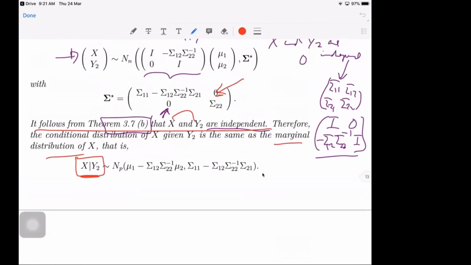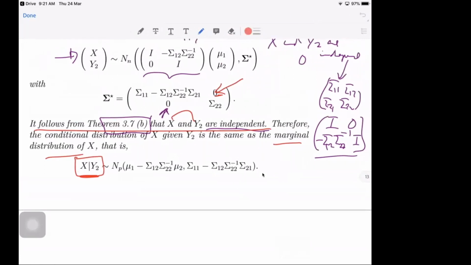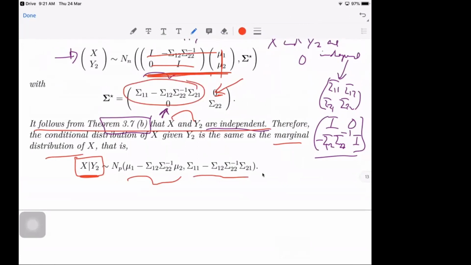given Y2 will be, unsa man ang imuhang X, so this will be equal to this one, kana siya. So kung imo nang i-multiply pa ana, what you will get is this one. And then this will be your sigma 1 1, or equivalently that is expressed in terms sigma 1 1 minus sigma 1 2 sigma 2 2 inverse sigma 2 1.